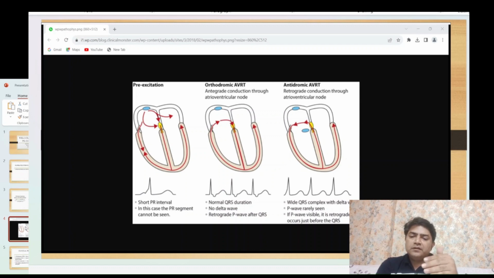So this is the most common cause, and that's why it most commonly presents as PSVT and narrow complex tachycardia. Other two causes are pre-excitation and the antidromic.